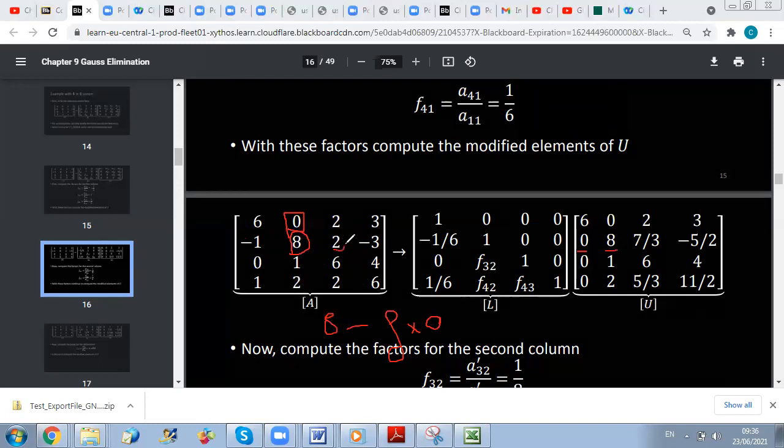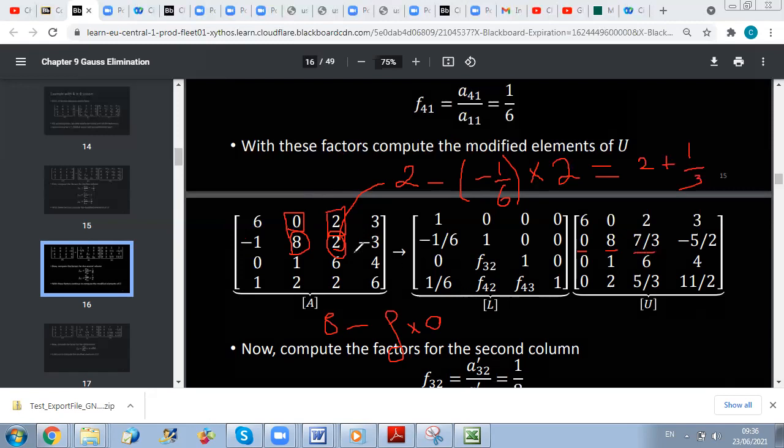Now, concerning this term, it will become equal to 2 minus your factor F21, which is minus 1 over 6, times the element in the pivot equation in the same column, which is 2. So times 2. This is equal to 2 plus 1 over 3, which is equal to 7 over 3.